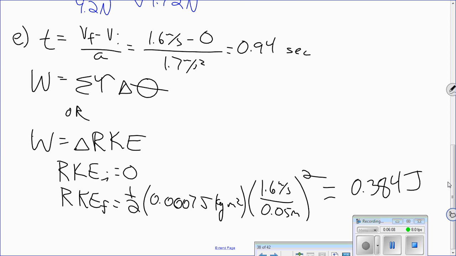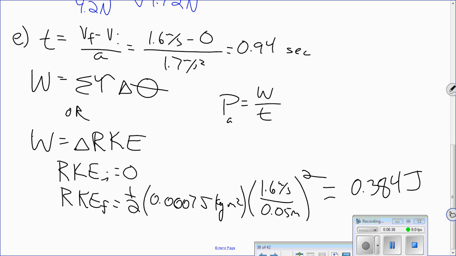Now we can find the power just by doing work over time. Cool. It's worth experimenting with: go back and do net torque times change in theta. You should get the same amount of work. You really need to make sure you're familiar with both methods here. So power is work over time.